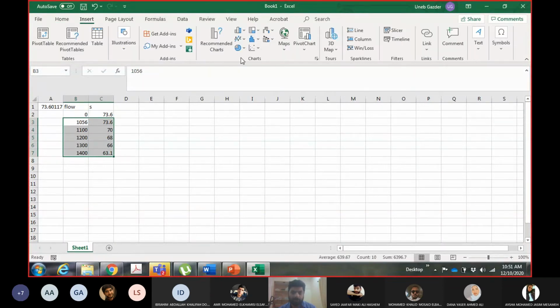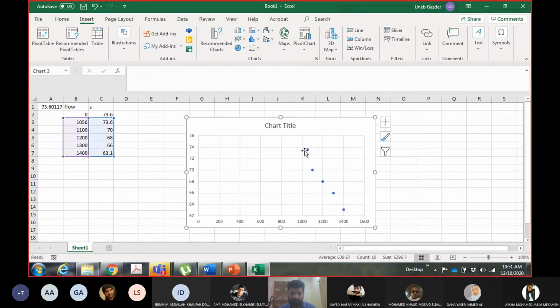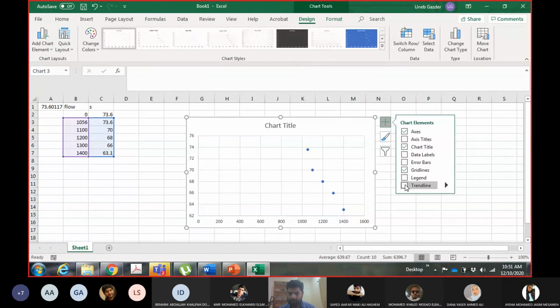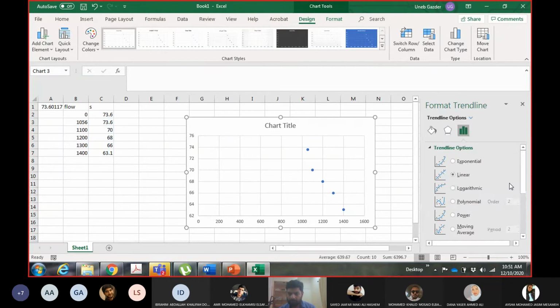I'm just doing it to accommodate Excel, because Excel has a problem with this. So trend line, more options, polynomial. In this region I know this is a straight line, so I don't need it.